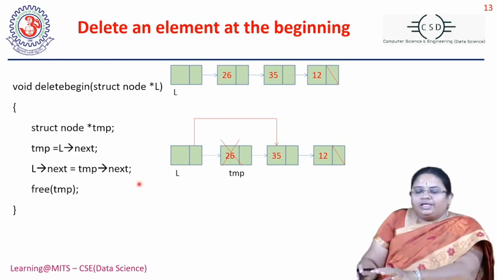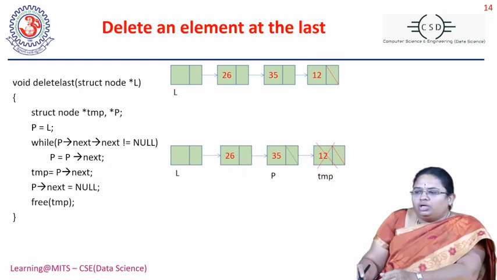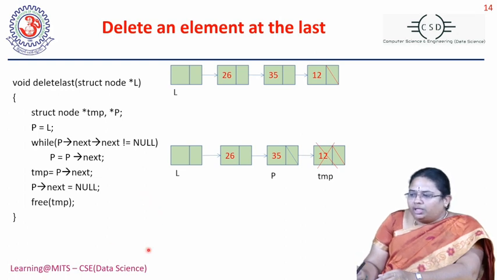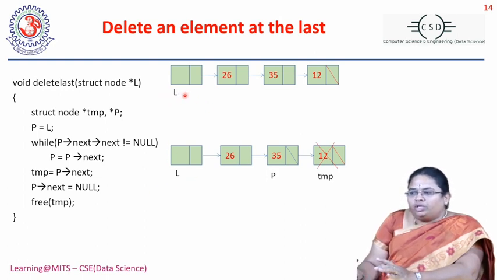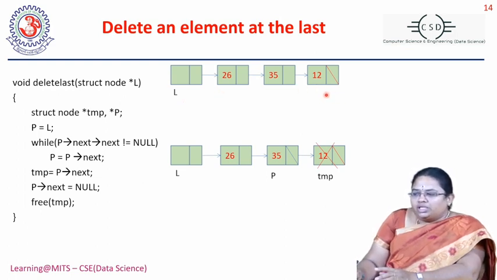And to delete an element at the last, we have to traverse the list as we do for insertion at the last. Here we have to traverse from the beginning to the last, but we have to stop one step before. Because if we stop here, we can't delete the same node, so we have to stop at this position.